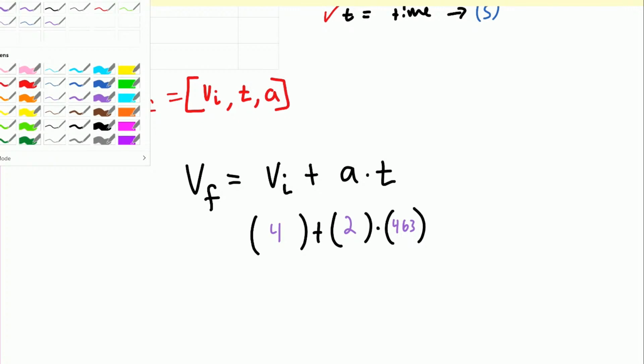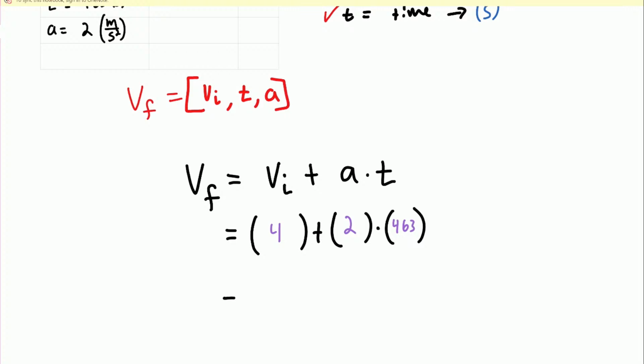And now, it's as simple as plugging into the calculator. So I'm going to do the multiplication first. The 2 times 463, and I get 926 plus 4. I get what?